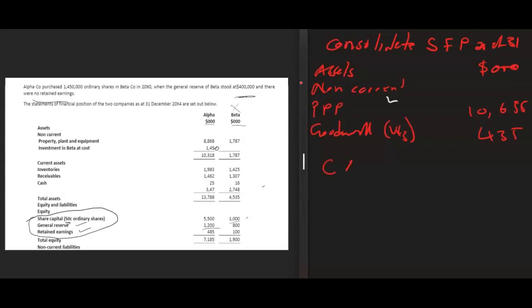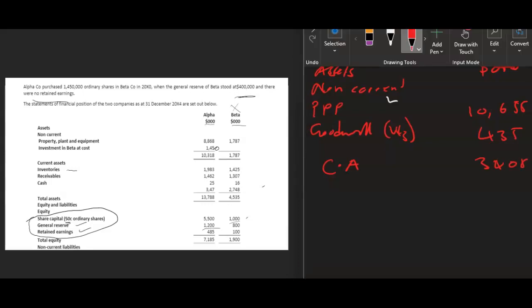So our current assets now, we are going to have inventory. And in inventory, we're just going to add also inventory. Remember, inventory is here. We're just going to add these two figures there, right? And we have 3,408. What have I done?